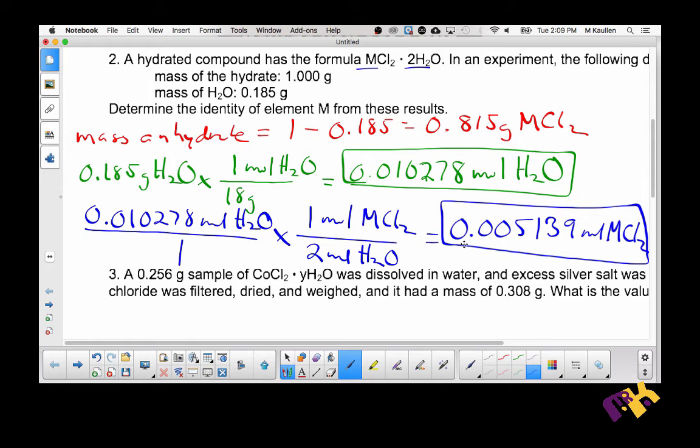We use the moles of water to go back to the formula to determine the moles represented by the mass that is dry salt. All right, I'm going to wipe this off. Is that okay? Okay, I'm going to wipe this away.